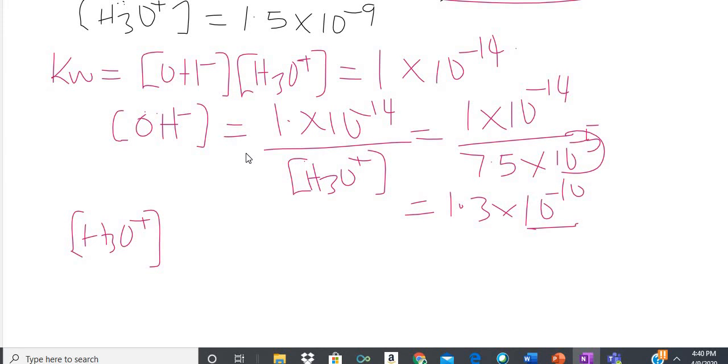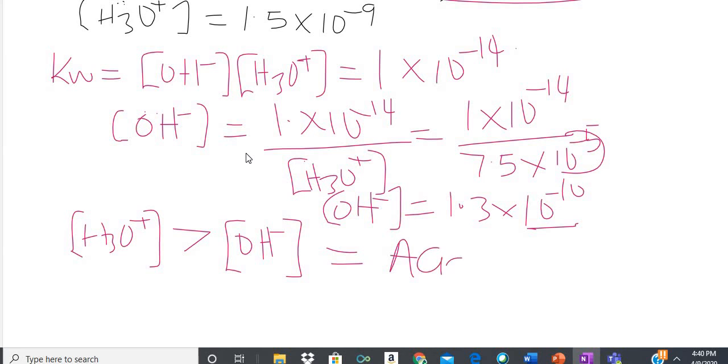So we can see that our hydrogen ion concentration is greater than our hydroxide ion concentration. So in that case, it shows that the solution is acidic because the hydrogen ion concentration is more than the hydroxide ion concentration.